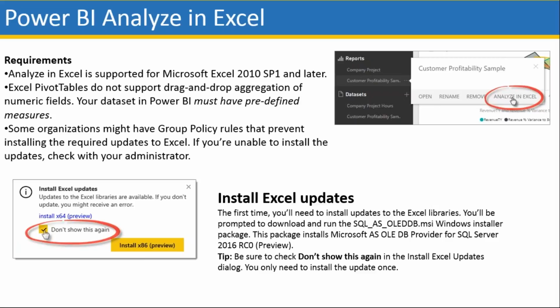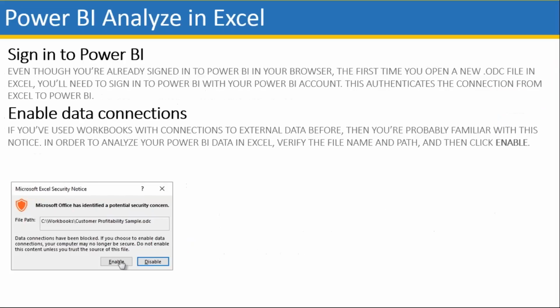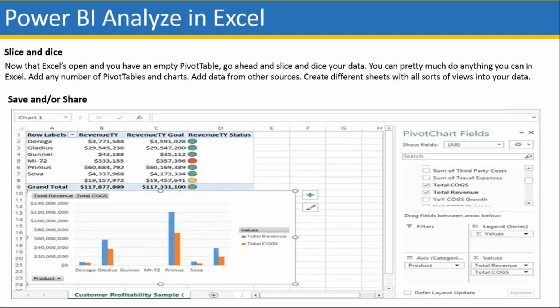Eventually, once all these prerequisites are met and it's installed, the user can sign into the Power BI portal and enable their data connections. That data connection can be an ODC, or an Excel file, or anything. The moment your data connection is established and enabled, you will see the Power Pivot table and pivot table.